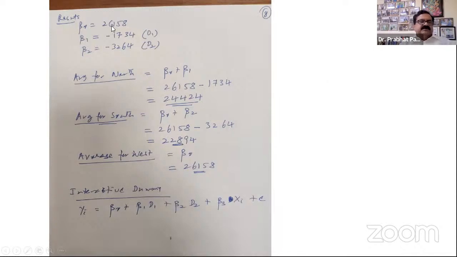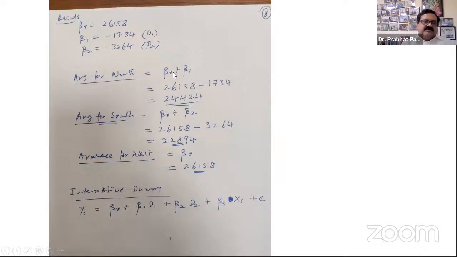So here you see beta 0, we got 26,158, and beta 1 was minus 1,734 for D1, and beta 2 was minus 3,264 for D2. So by using the logic that we created earlier, the average for the north.